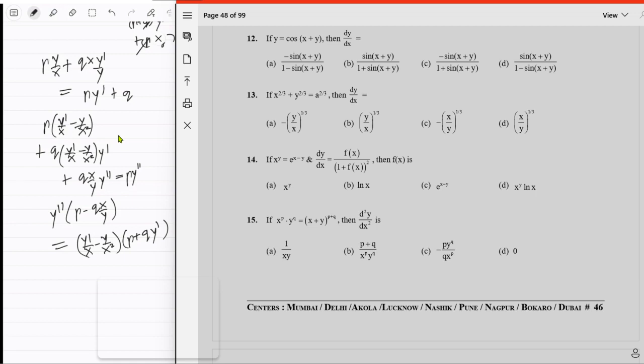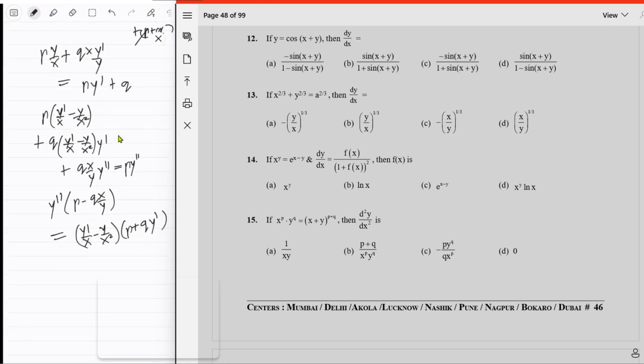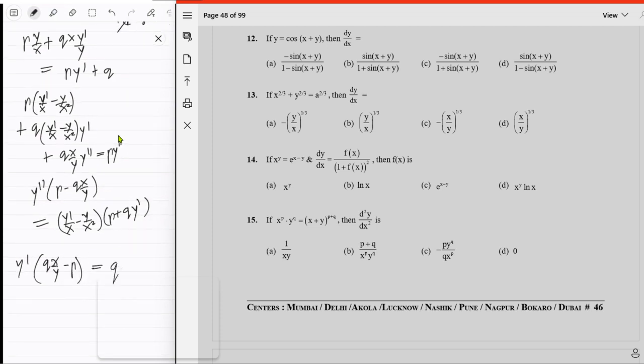Okay, we'll have to put in what y dash is. There's no escaping it. Fine. Then let's take the y dash out of there. So just y dash times qx upon y minus p is equal to q minus py upon x, right?